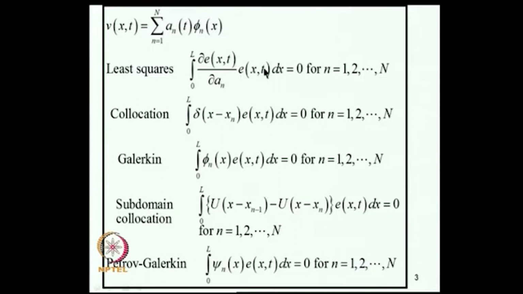If we look at the way we obtain equations for A n, in least squares approximation we minimize the total mean square error and we get a residue term multiplied by another function. Also in collocation we get the residue term multiplied by a weight function. So, this is common to all these methods.